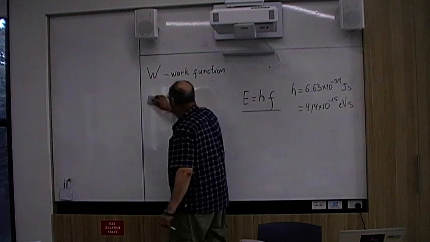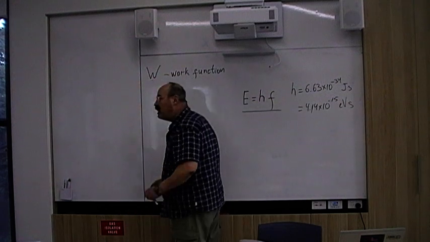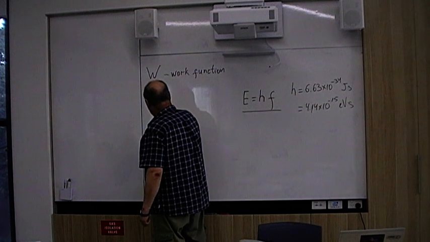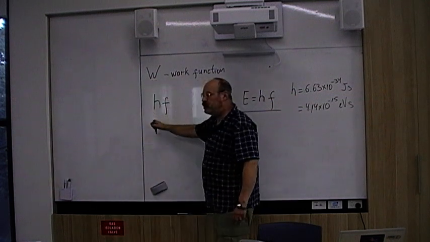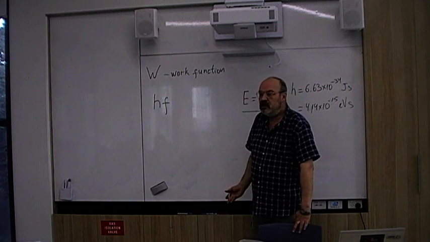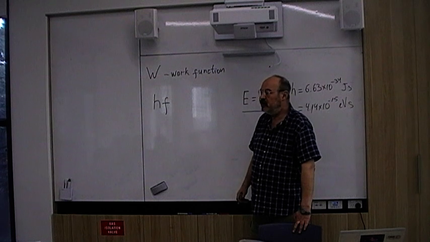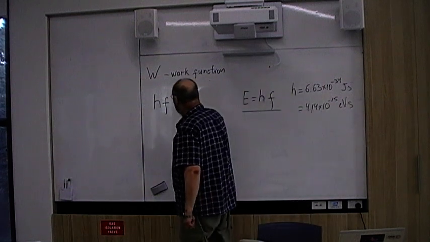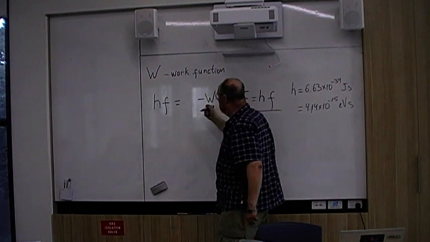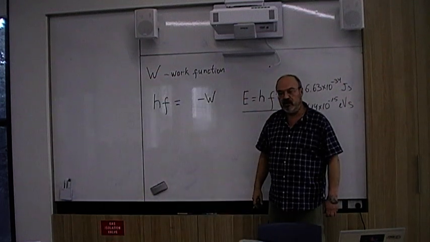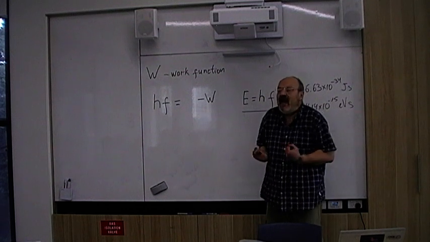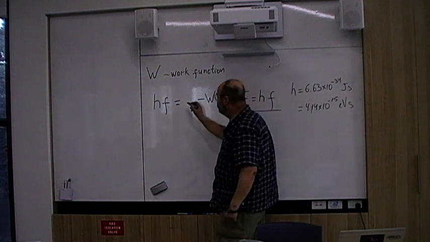And what Einstein said is that the photon brings that much energy, the energy of the photon. And then it is just the law of conservation of energy. What is this energy used for? Some of it is used to overcome the work function to get the electron out, and what's left will be kinetic energy.